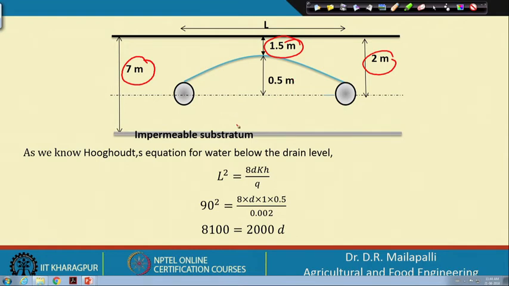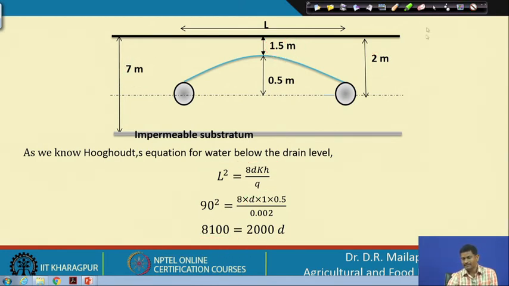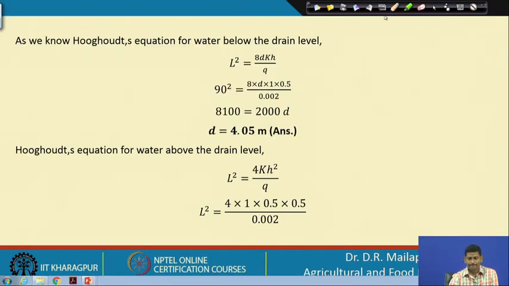As we know, the Hooghoudt equation for water flow, or drainage contribution, below the drain base depth is L square is equal to 8 d k h by q. L is given as 90, only d needs to be calculated. So d can be estimated as 4.05 meter.